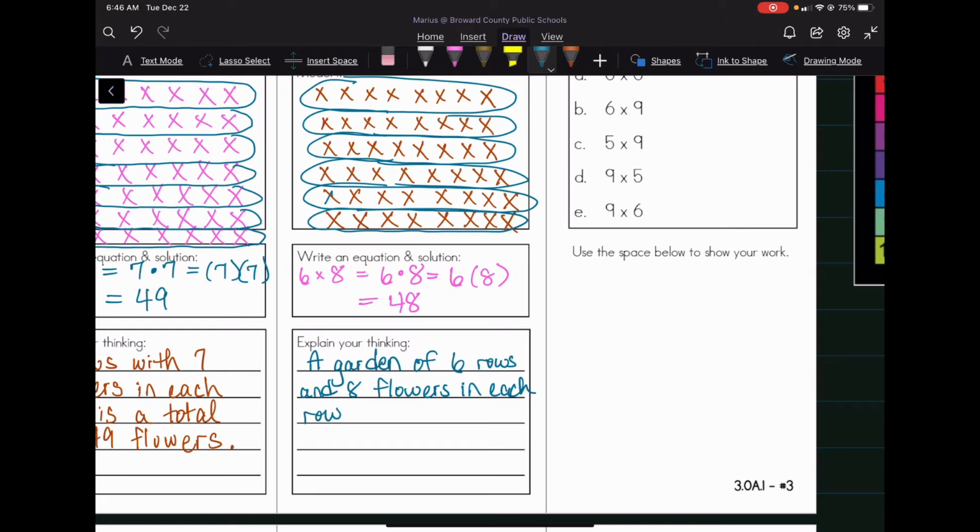And 8 flowers in each row is a total of 48 flowers.